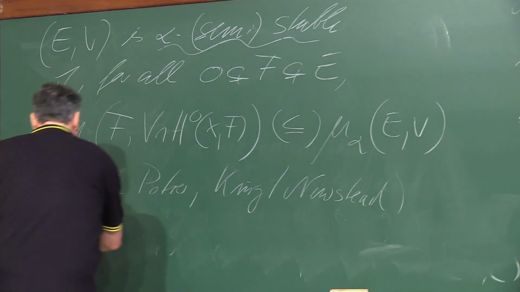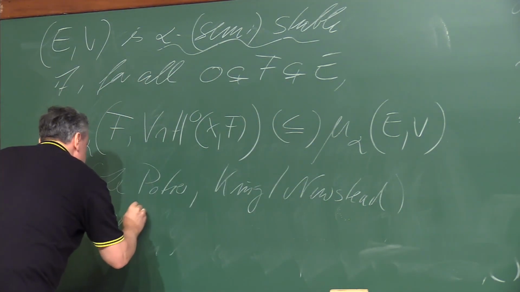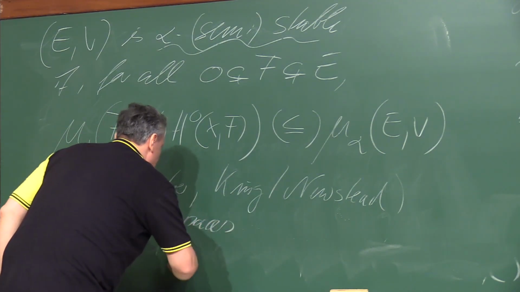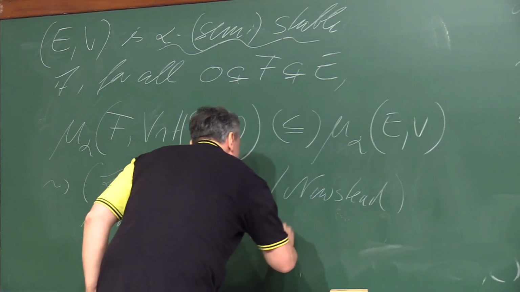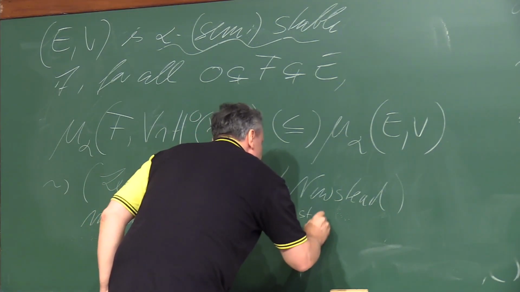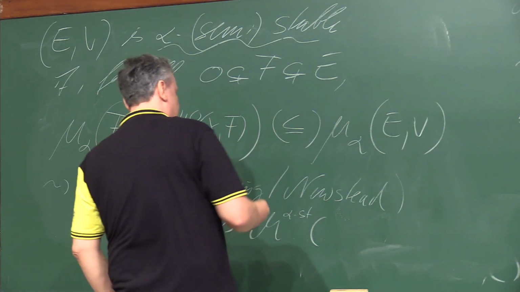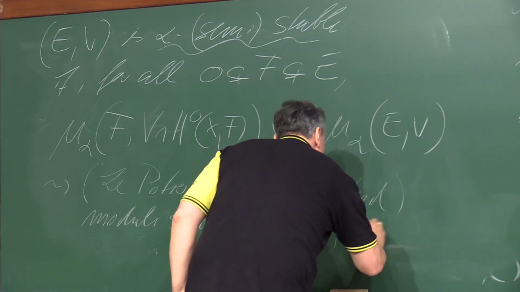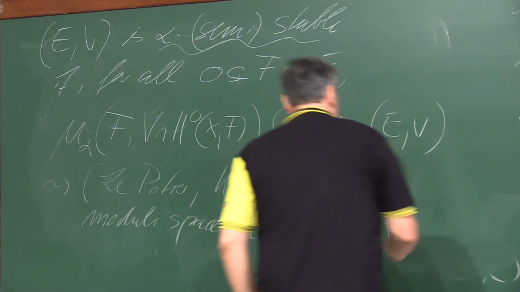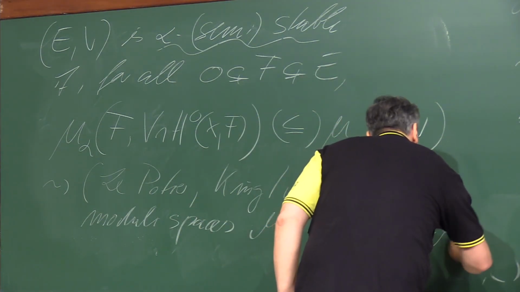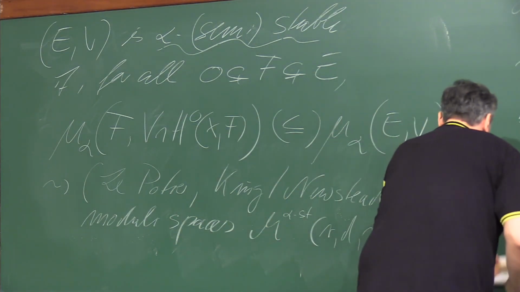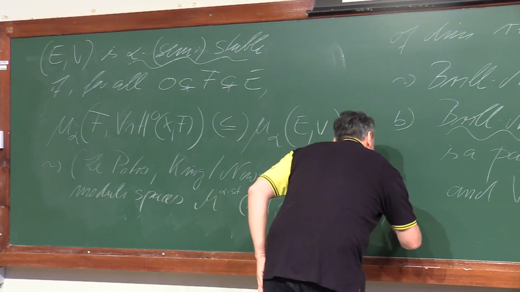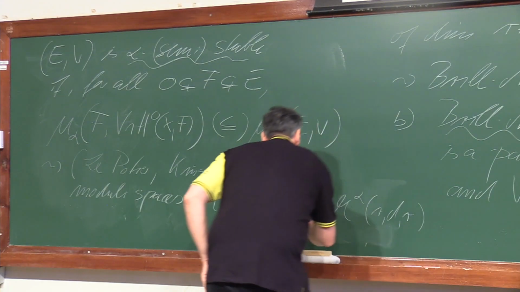So you get moduli spaces, alpha stable of, for the given type, which is contained in the moduli space of alpha semistable as an open subset.